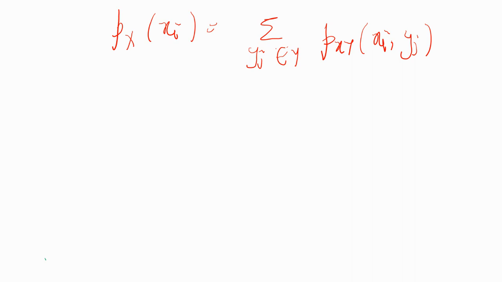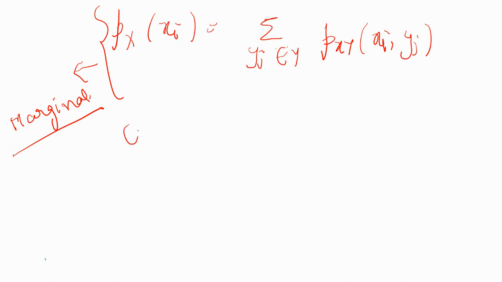We see how xi changes depending on y, and then we do the whole summation to get the marginal of x. Similarly, we can find the marginal of y. This is known as the marginal PMF, or marginal probability mass function, because this is discrete.